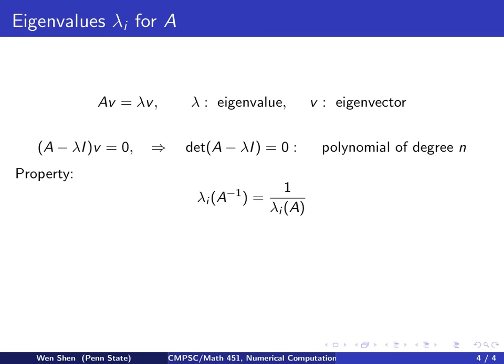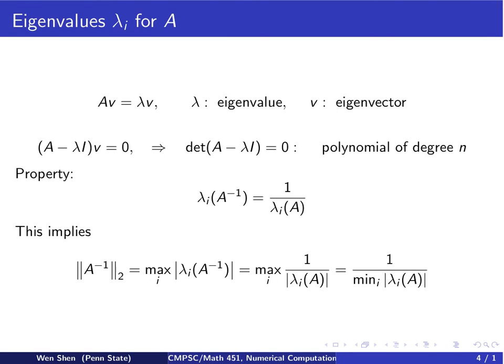One property of eigenvalues of A, relating to its power function expression, is the following, involving the A inverse. If you have already found an eigenvalue for A, then 1 over this eigenvalue becomes an eigenvalue for A inverse. Now this has the following implication.